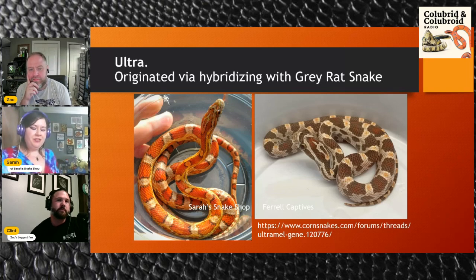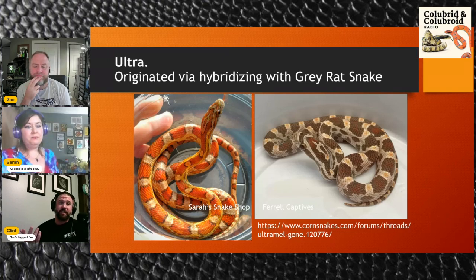And then it did eventually come out that Ultra did originate from a hybrid breeding between a corn snake and a gray rat snake, specifically a white oak phase. I was going to say that it has to be white oak, because there's not many gray rat mutations out there. I know of striped, albino, white oak, and that's about it.